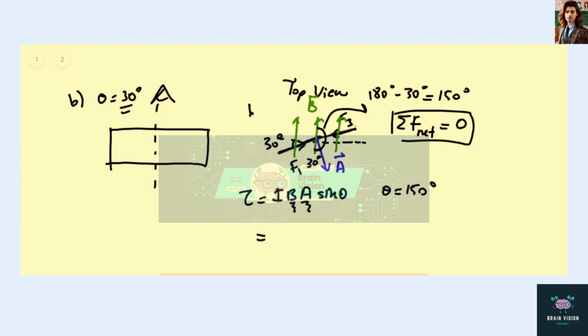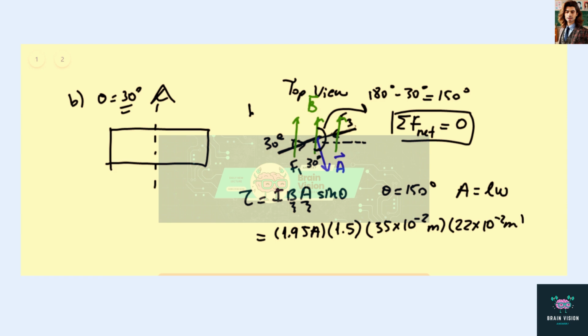The current was given to us as 1.95 amperes, and the magnitude of the magnetic field is 1.5, times area, being again the area of a rectangle. It's going to be length times width. So the length was 35 times 10 to the power of negative 2 meters, right? We did the conversion. 22 times 10 to the power of negative 2 meters. This is the area.